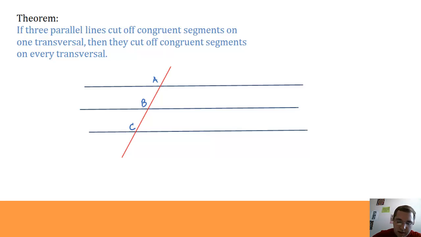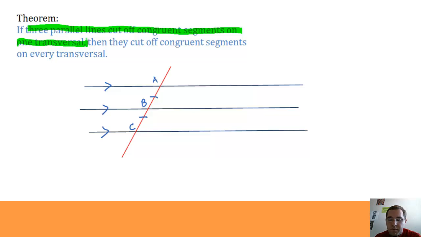So if I know that these three lines that I've drawn here are parallel, if I know that this is parallel to this and to this, all three of them are parallel, and I know that AB is congruent to BC. So I've got three parallel lines that cut off congruent segments on one transversal.